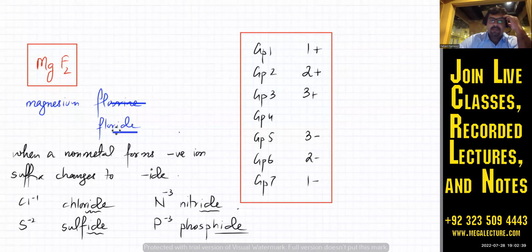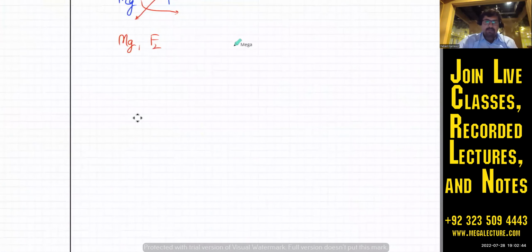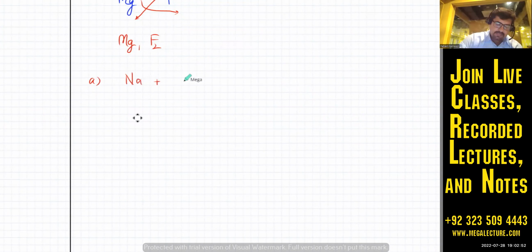So let's quickly practice a few questions. Here, let's say I've got sodium and sulfur. Na plus S. Na is group 1 and S is group 6.